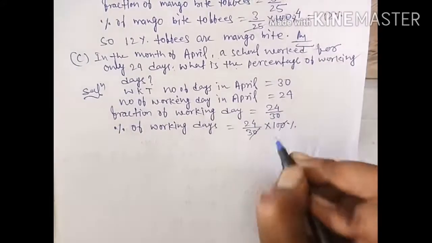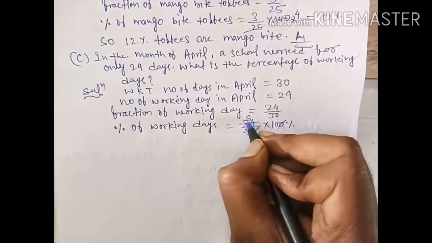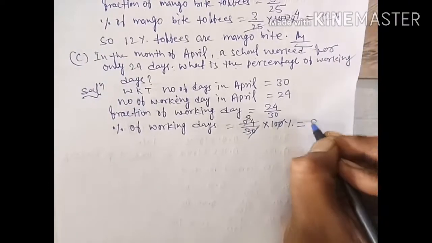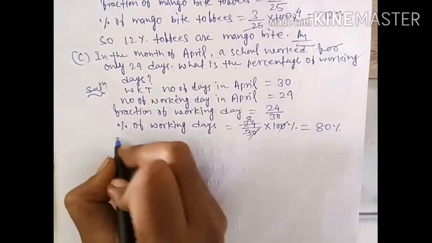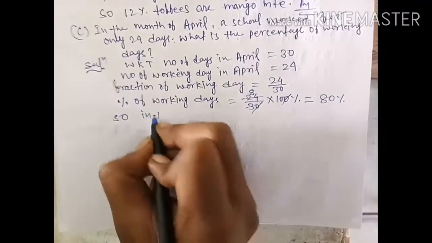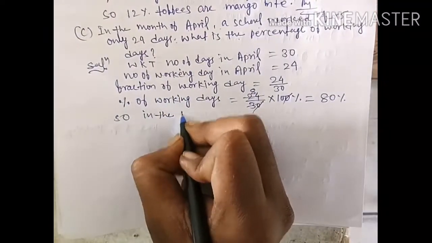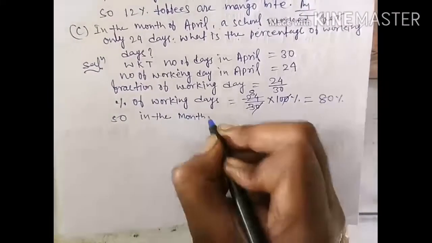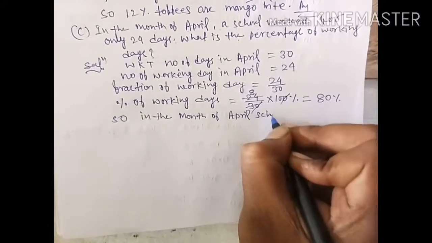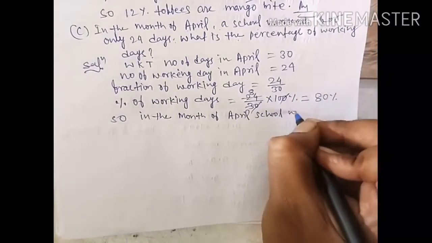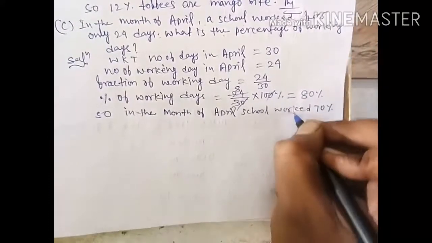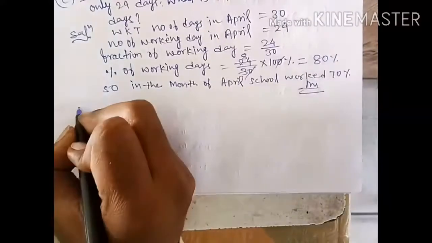So 0 and 0 cancel, again 3 cancels with 8 times. So 8 into 10%, that is 80%. So in the month of April, the school worked 80%. This is the answer. Now question number D.